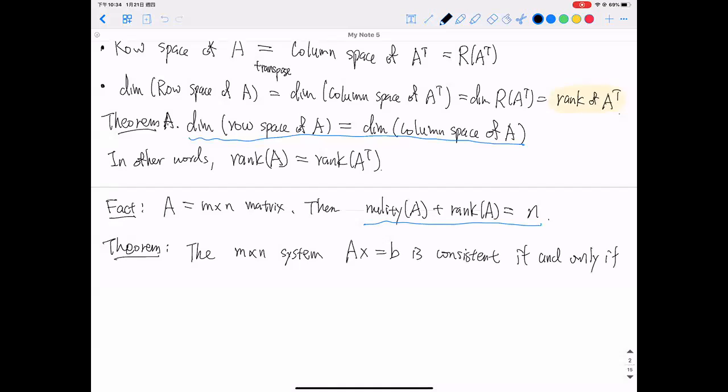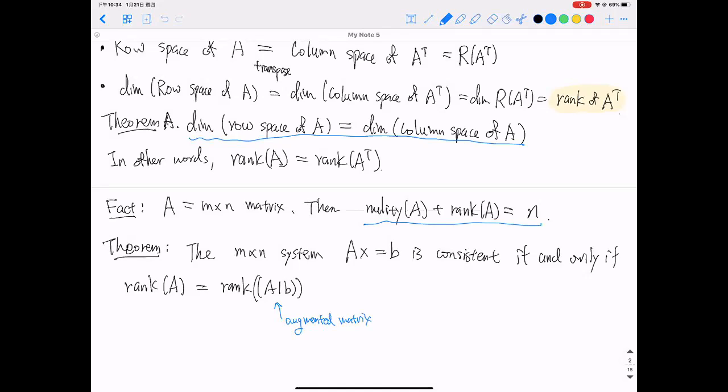It says that the system AX equals B is consistent if and only if the following equality holds: the rank of A is equal to the rank of [A|B], the new matrix formed by adding one column to the right end of A. And let's keep in mind that this [A|B] matrix is what we've been calling the augmented matrix.